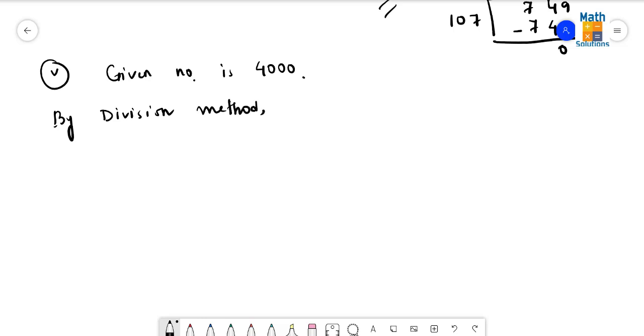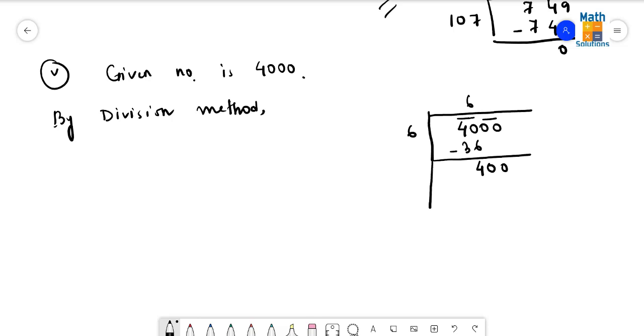By division method, what would I get? Let us divide exactly in the same way we have to proceed as we did already. Pairing should be done. So just before 40, what square number do we get? 36. So 6 6 ja 36 we can write here. Then again 4 is left, 400.